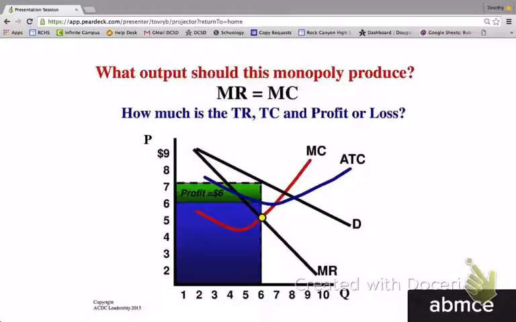Now, to figure out its area of profit, you would then go down to the average total cost curve and over and shade that area, so that the price it would charge would be $7 minus its average cost per unit of $6, which would be $1 of profit per unit. You go down to the x-axis and you see the quantity of output is 6, so 6 times $1 is $6, so the area shaded in green is equal to $6. So the monopolist will charge a price of $7, produce a quantity of 6, and make a profit of $6.